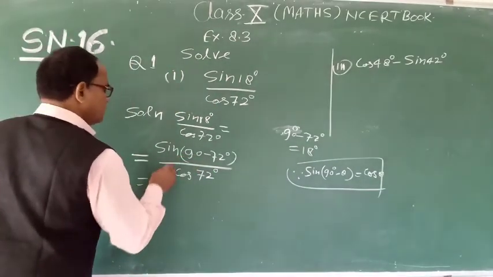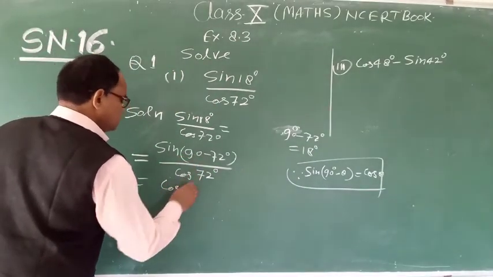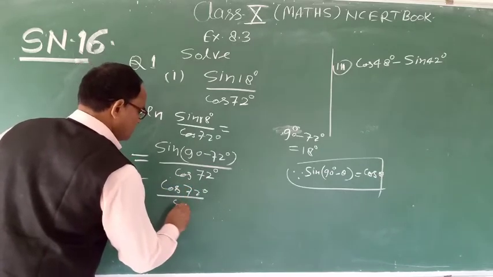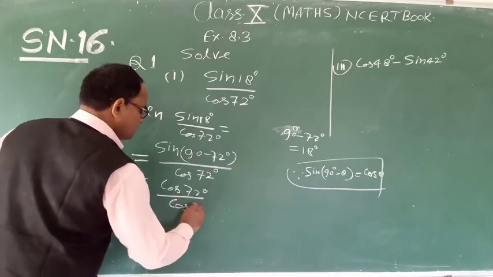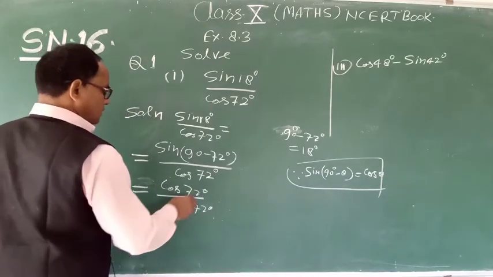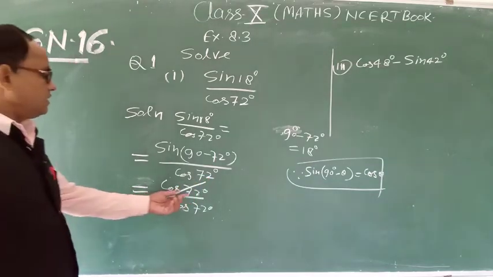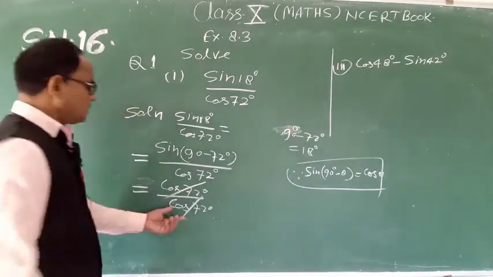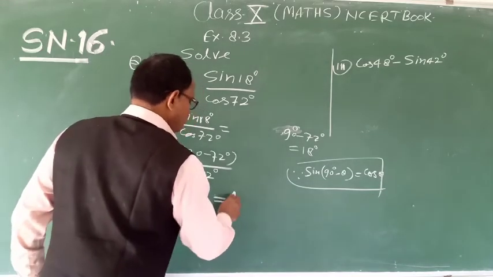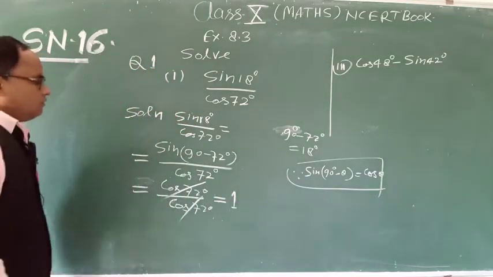Here we can write cos 72 degree by cos 72 degree. Okay, student. Here cos 72 degree cancels cos 72 degree. We get 1, which is the answer.